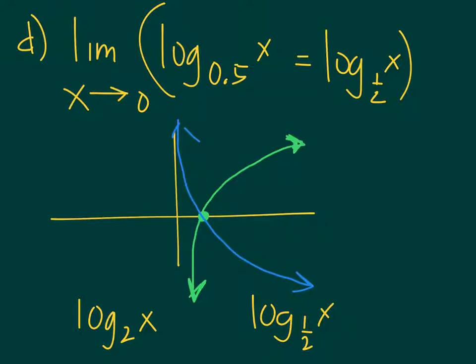Now whenever we look for a limit, we just remember the graphs. Log base 1/2 of x as x approaches 0. Looking at the blue graph, approaching x equal to 0 means you go closer to the origin. As we go closer to the origin, what is happening to our graph, the blue one?